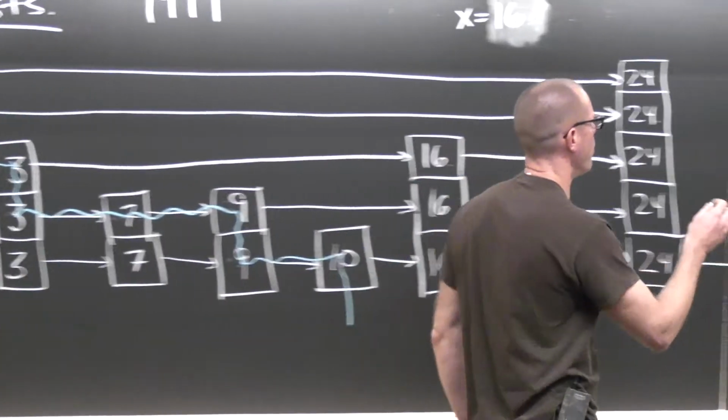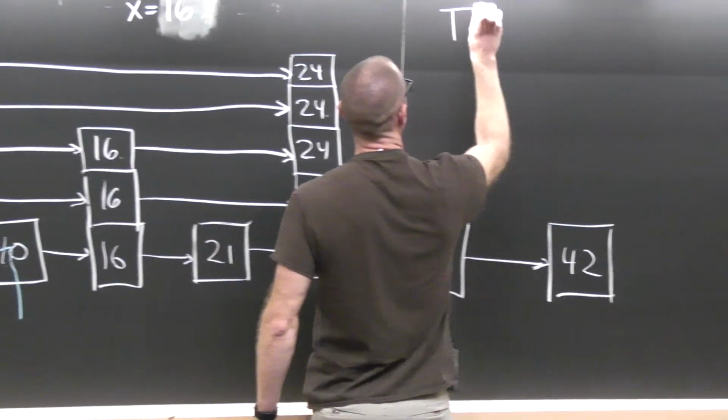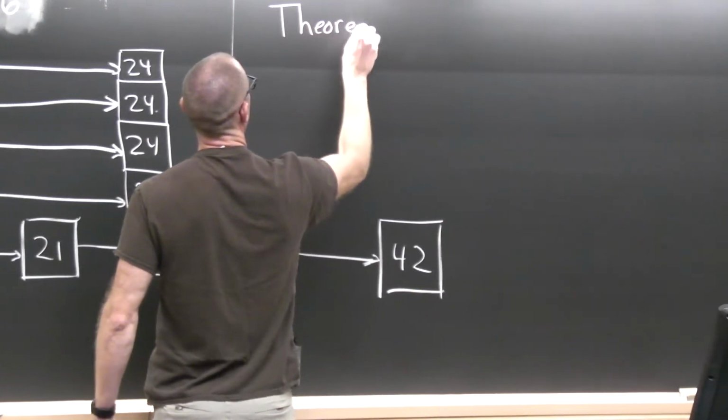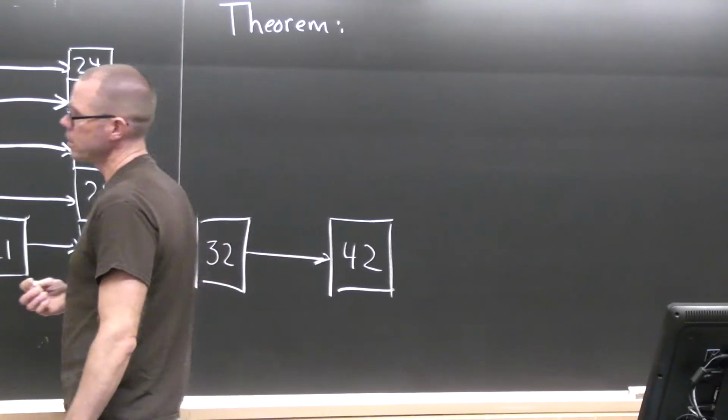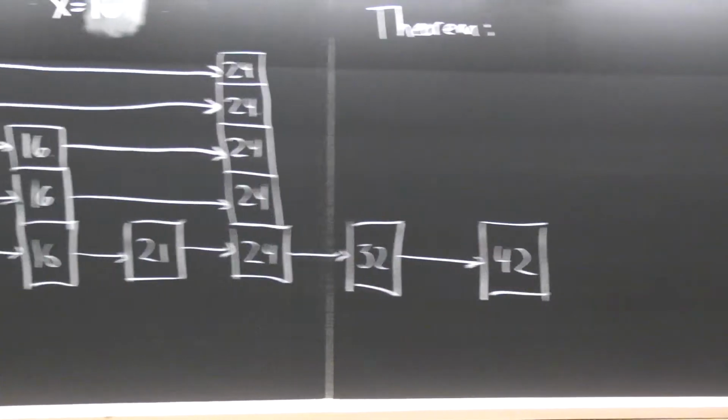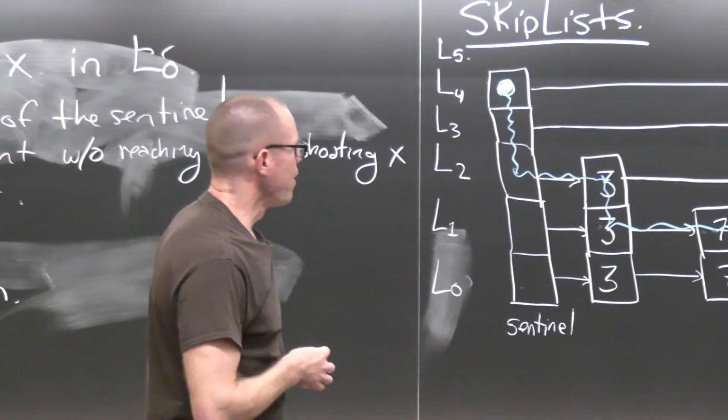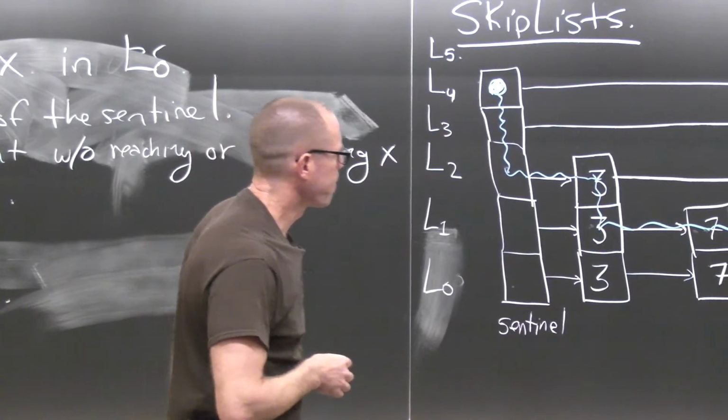And I will write down the main theorem that's used to drive everything in Skiplists. And that's about this search path.